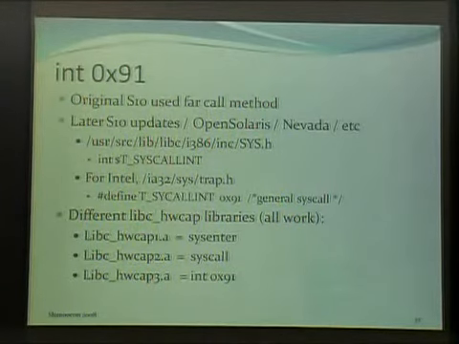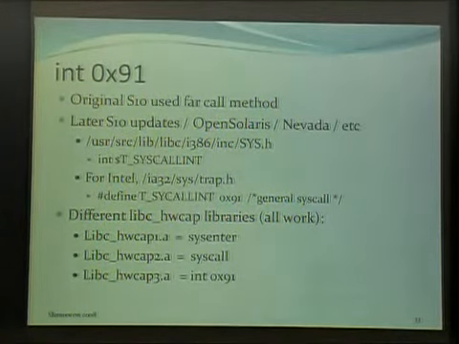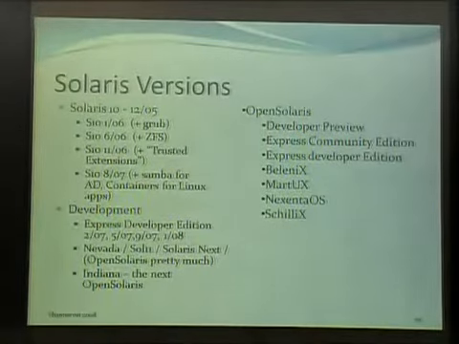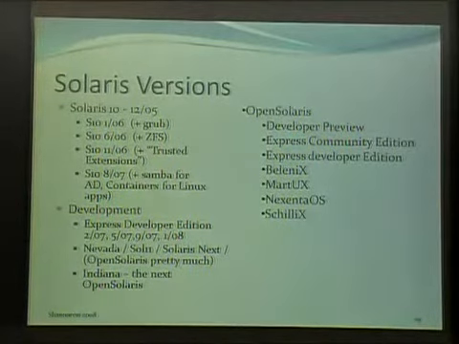All right, so the original Solaris 10 release used the farcall method. Later S10 updates include this int stuff. I don't know exactly where that happened. Digging through all of this is not my idea of fun. Plus, you can't find some of these older releases. You go to the website, you have to log in and register before you can download it anyway.